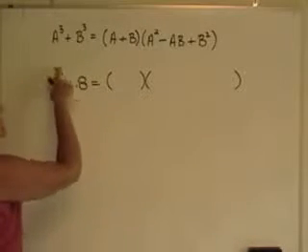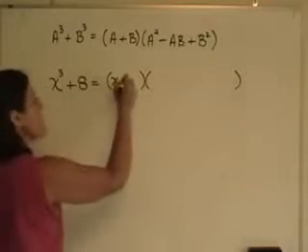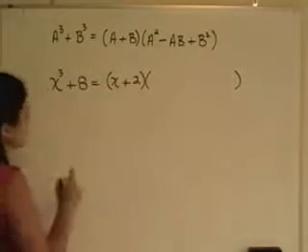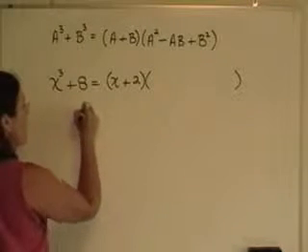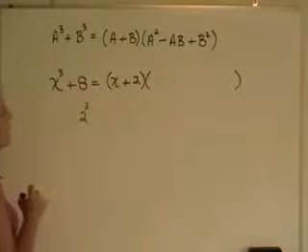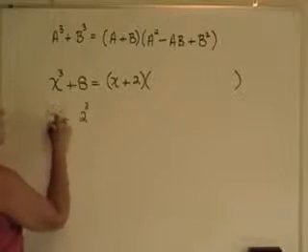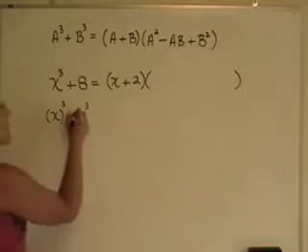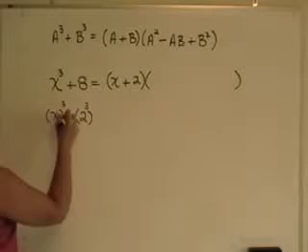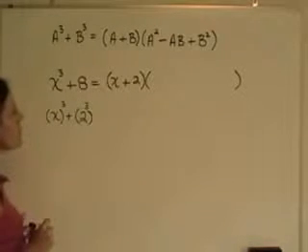Because this is a third power, I'm going to use x, and the cube root of 8 is 2. Another way to think of that is what number to the third power will give you 8, and what letter to the third power will give you x cubed. Again, I'm going to put these in parentheses. That might help. It's this x and this 2 that has to go inside that first binomial.